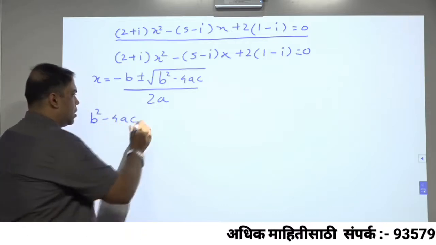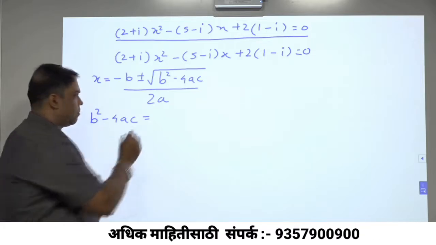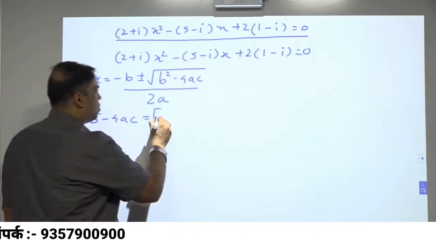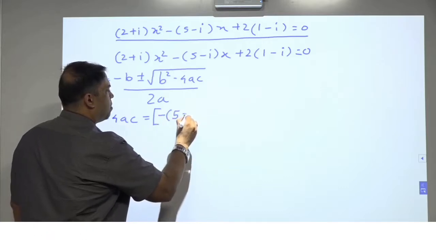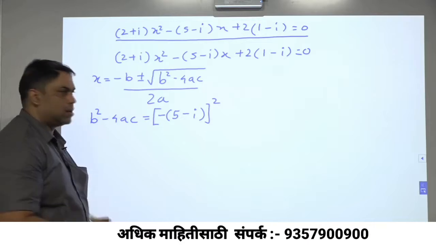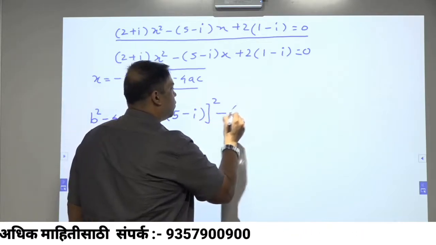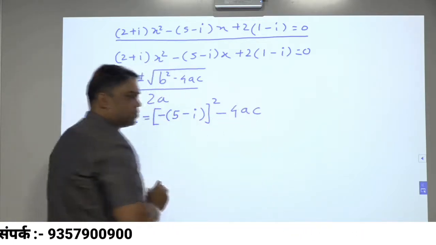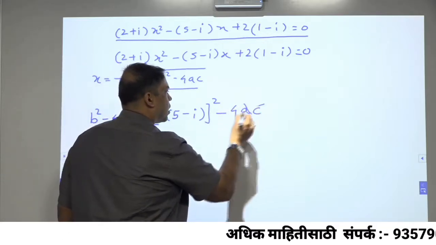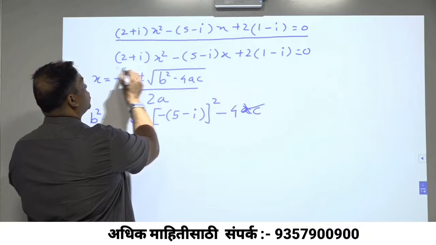Okay. So what is the value of b? -5 minus i, right? So -5 minus i whole bracket square. Am I right? -4ac. Clear? So what is the answer of this a? See, a means 2 plus i.